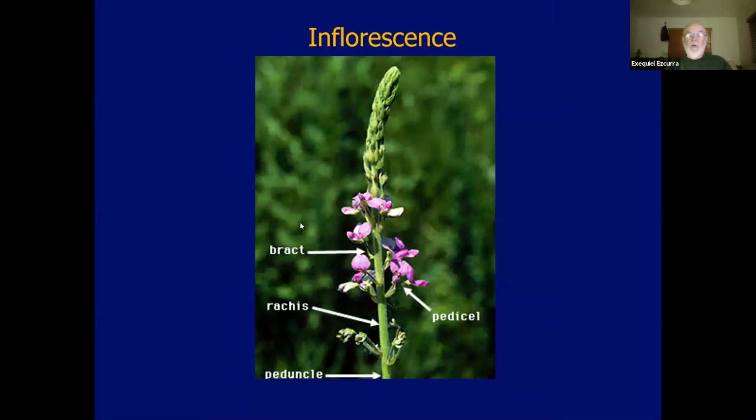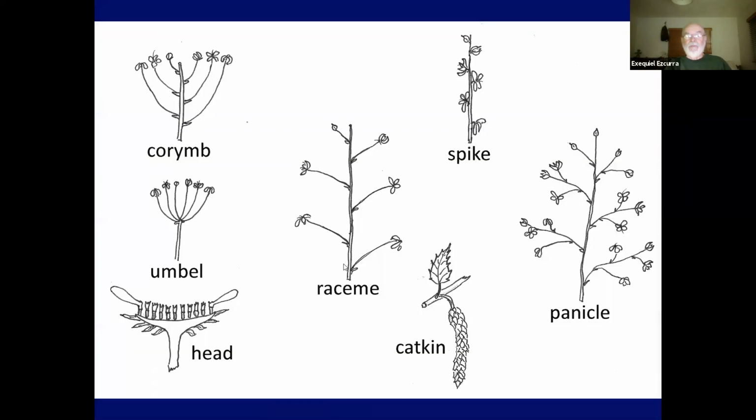So here we have a typical photo of an inflorescence. You have a peduncle that supports the whole inflorescence. You have the stem once it starts flowering. The stem, we call it the rachis, it's the central axis of the inflorescence. And the flowers are attached to the stem by a pedicel.